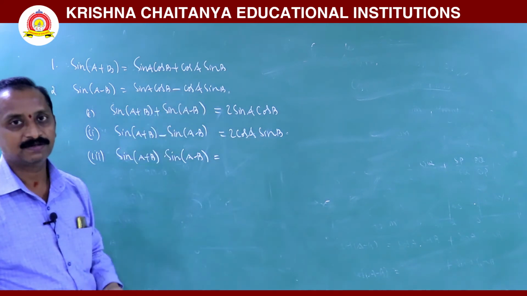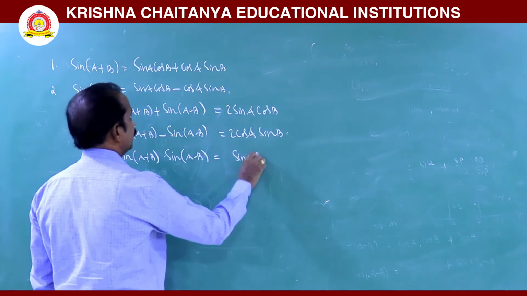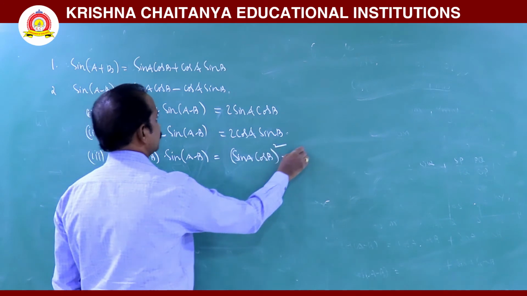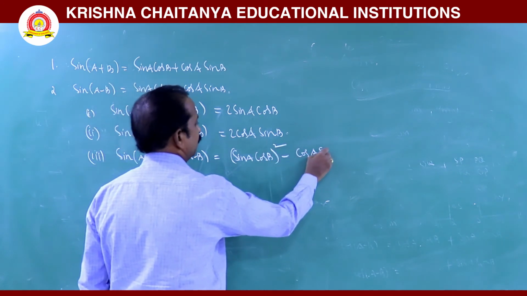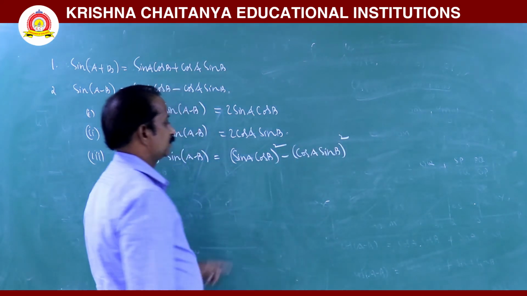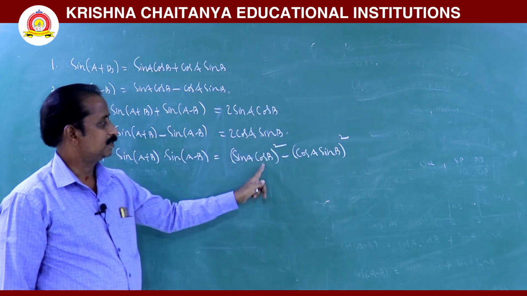We know that a square minus b square. So, therefore, (sin a cos b) whole square minus (cos a sin b) whole square. Now, we know that (a into b) whole square is a square b square.